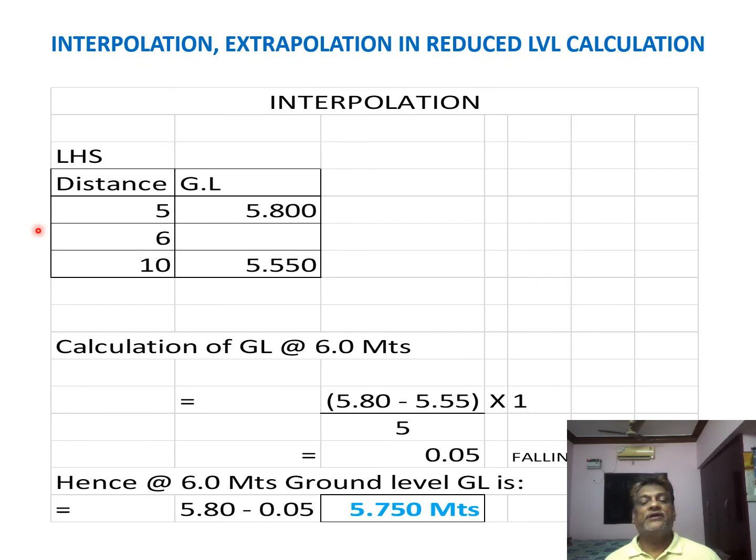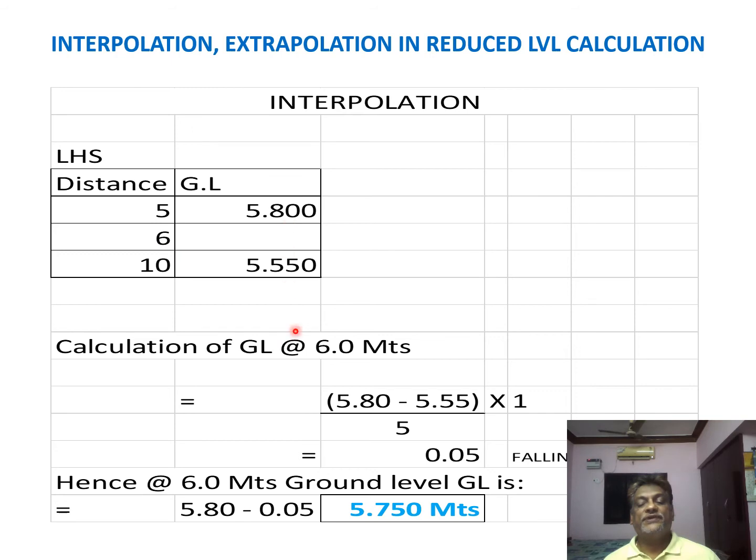And similarly on the left hand side, again we have a level at 5 meters and a level at 10 meters. Here the level is falling, from 5.8 it is going down to 5.55 meters. The level you need to calculate is at 6 meters.